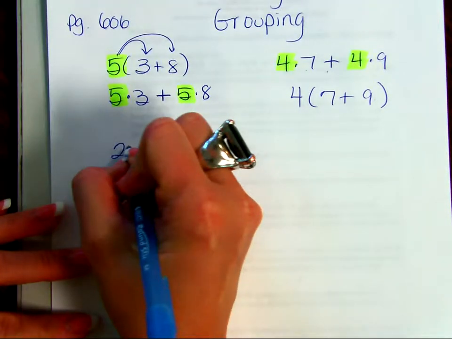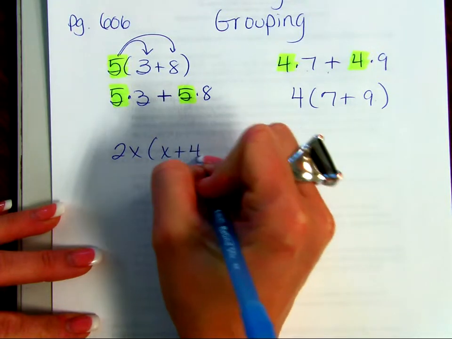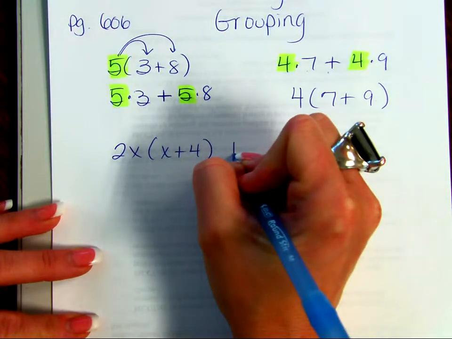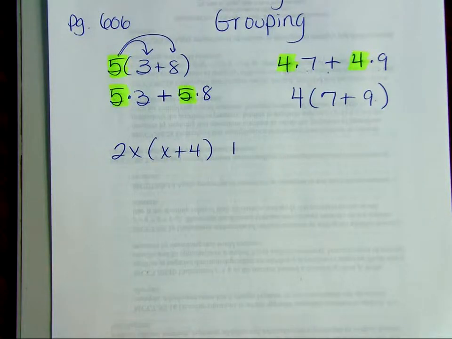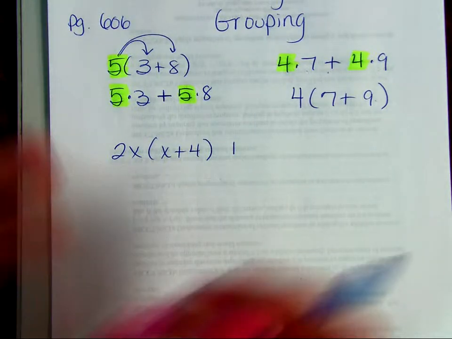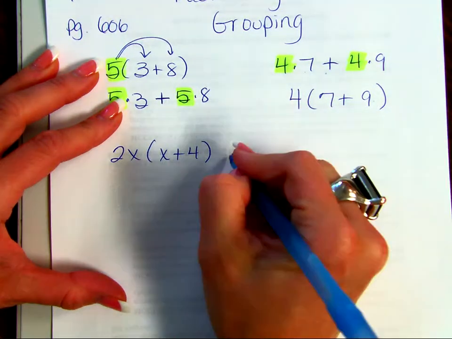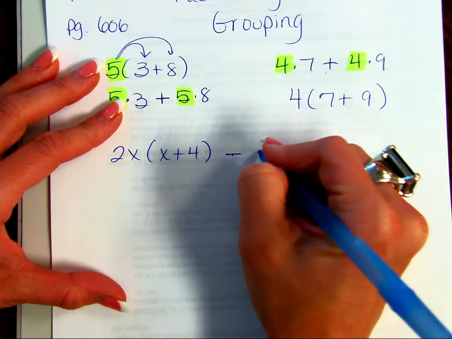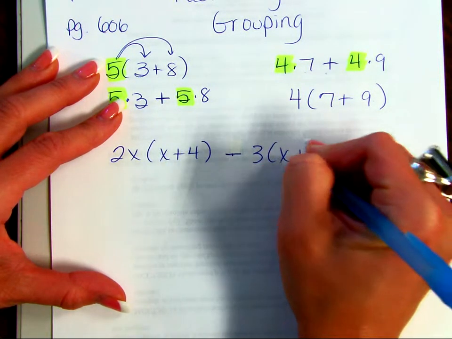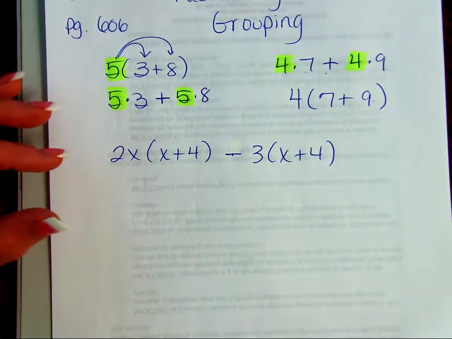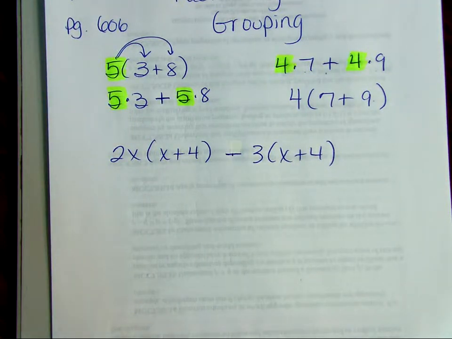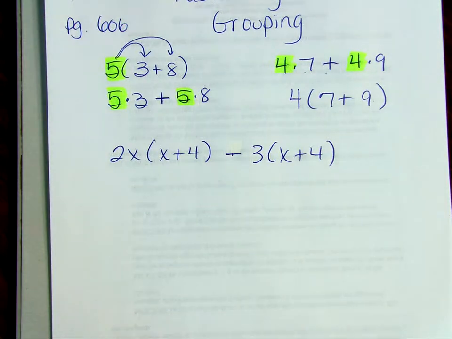So, are you ready for now this? If I take 2x and I want to multiply that by x plus 4, then I want to, not add, we'll do subtract. We'll say subtract that from 3 times x plus 4. Do you see what they have in common now?